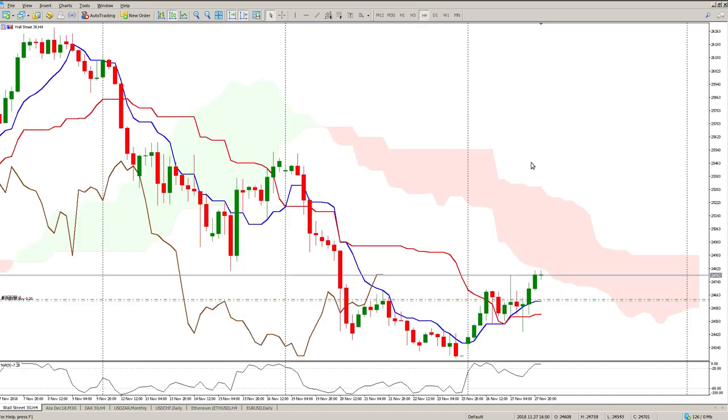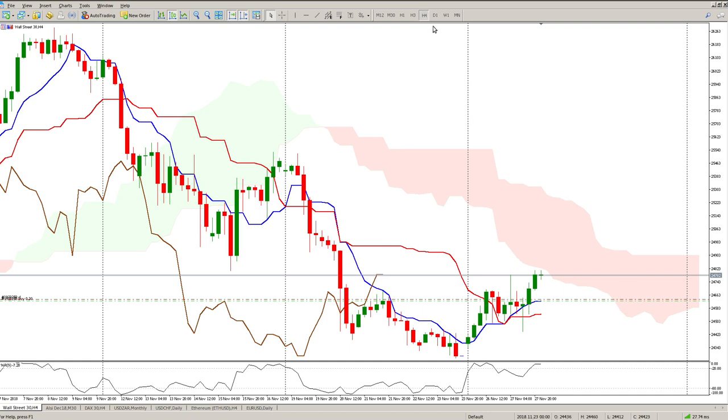And then on the 4 hour, we are on the underside of the cloud. That is a bit of a concern. So this could be a bounce off and then a bounce up, but we have had a crossover. We have had a breakthrough of price with Chikou Span. The only thing that we don't have is a twist in the cloud, and the cloud is pretty broad, so there's a lot of resistance here.